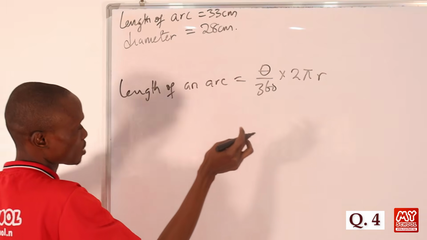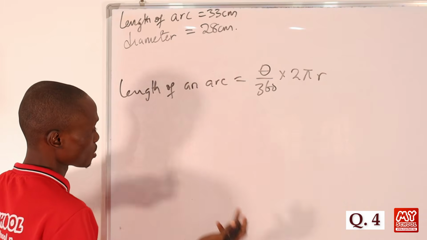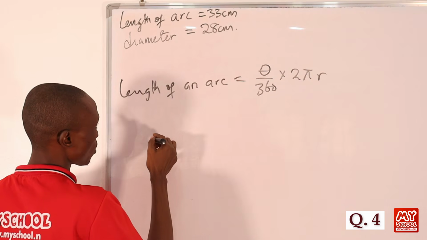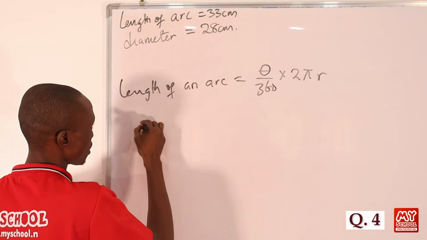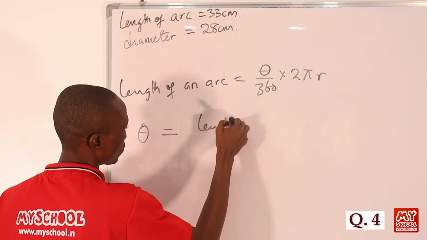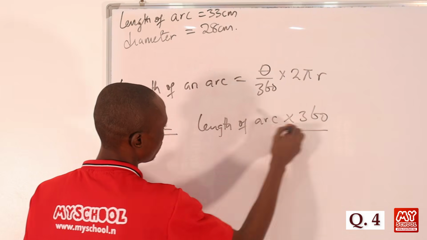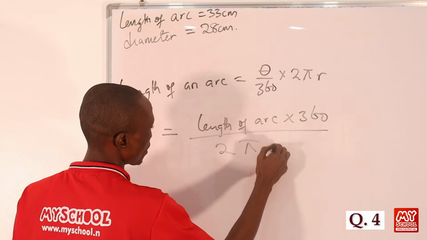So we are looking for theta. So let's make theta the subject of formula first. So that if we make theta the subject of formula, we'll be having theta to be equals to length of arc, okay? Length of arc, then times 360, then divided by 2 pi r.